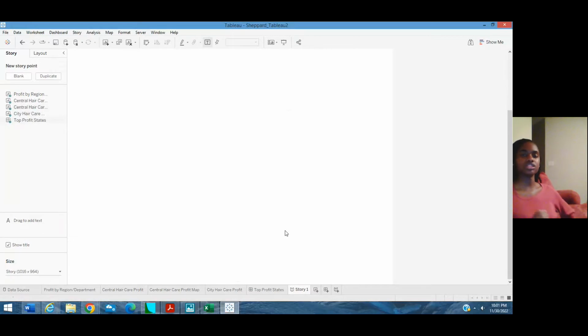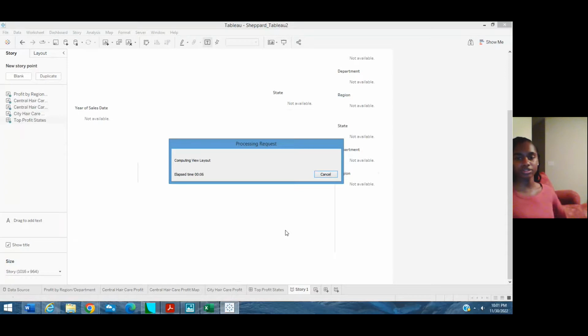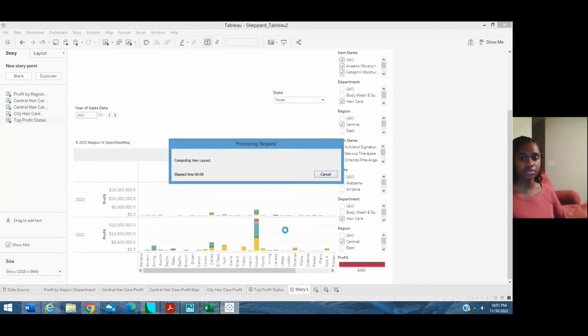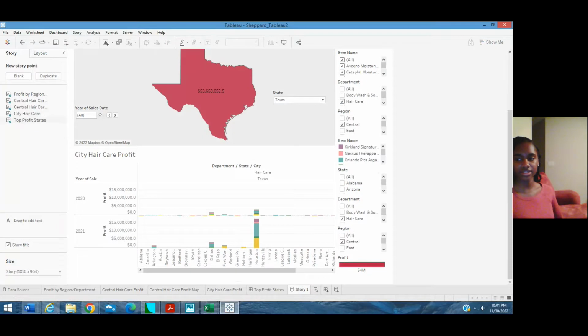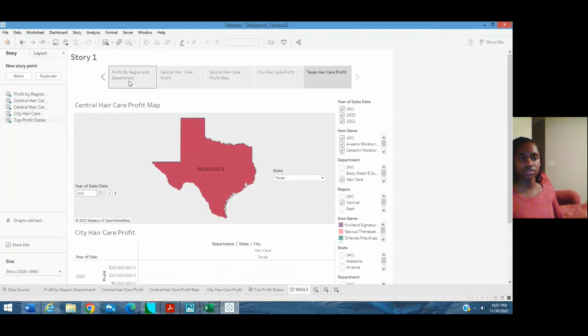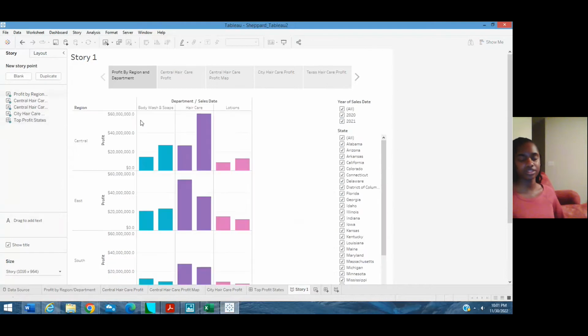Going over to the story portion of my Tableau, we'll start off the way that we started. So again, I looked at the profit by region and department, and this led me to see the outliers, which was the central region and the hair care department.